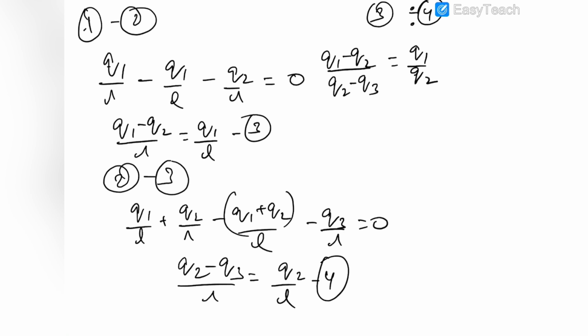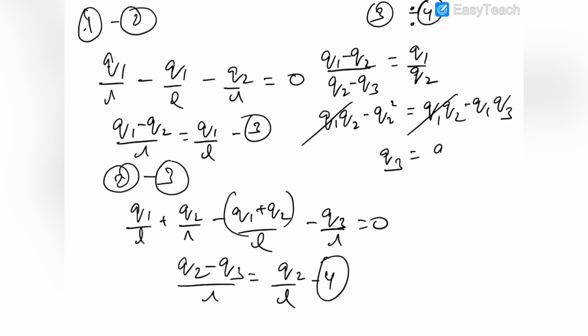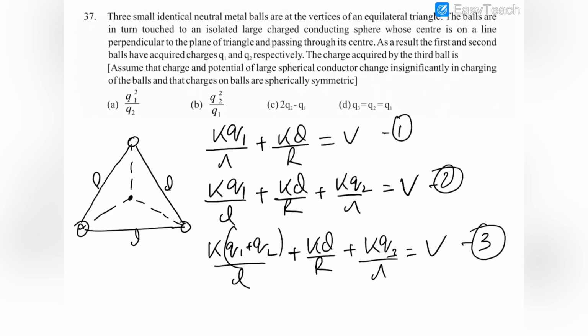So cross multiplying these two, this is Q1 Q2 minus Q2 square is equal to Q1 Q2 minus Q1 Q3. So you can see that it is cancelled, and Q3 is hence equal to Q2 square by Q1. So the correct answer would be option number B.